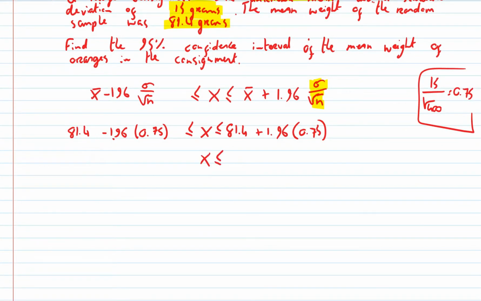Working from that, we have 81.4 plus 1.47 when we multiply the 0.75 by 1.96, and we have our 81.4 minus 1.47.